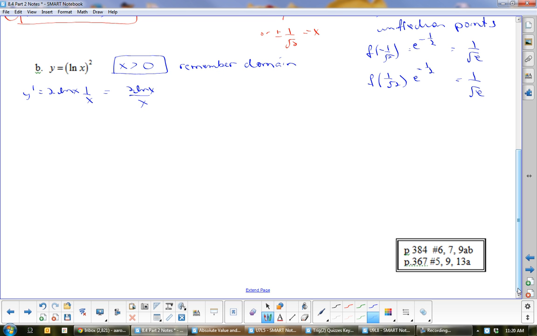Okay, so critical values. What would make all the top equal 0? If ln x equaled 0, so when x equals 1.